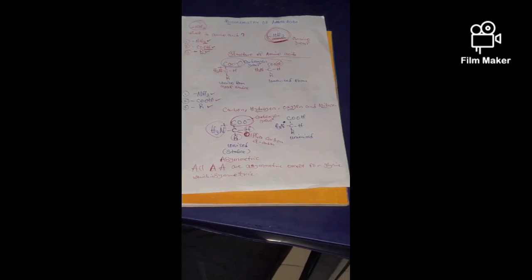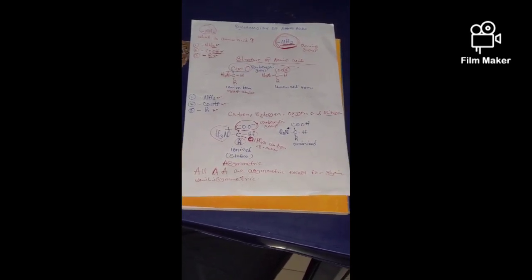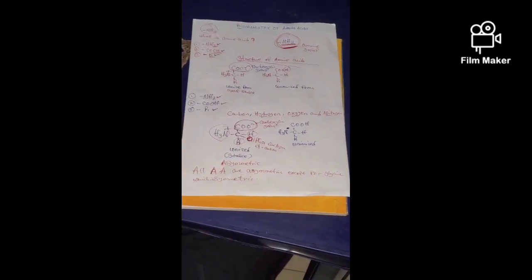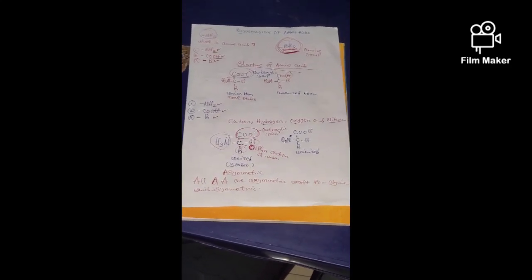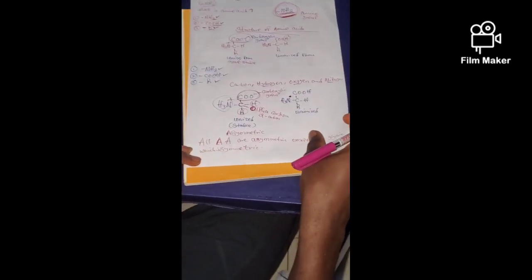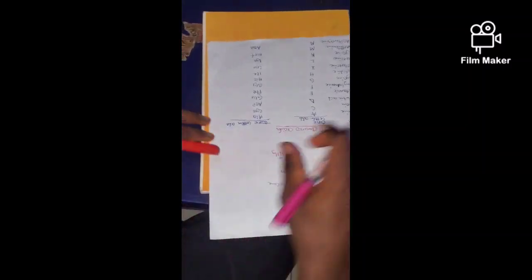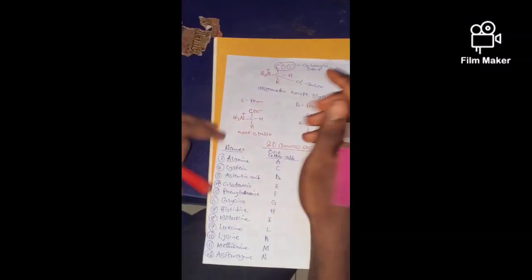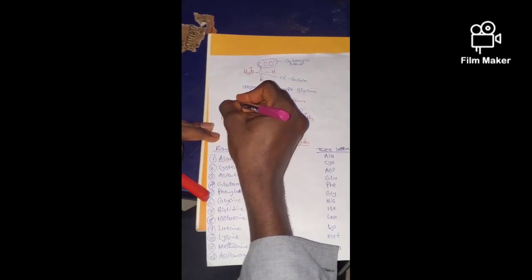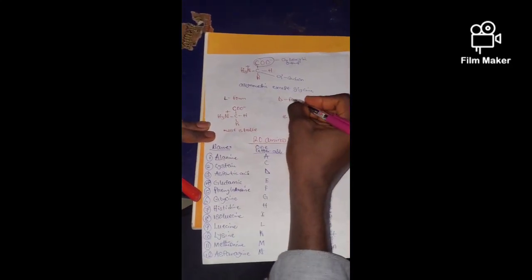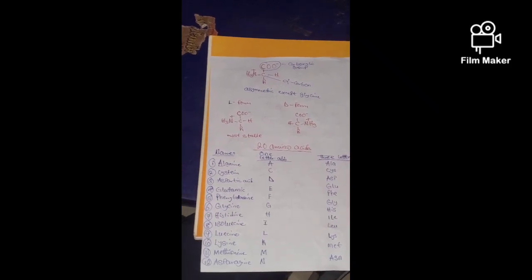Because of this asymmetry property of amino acids, they can exist in two optical forms. Are you following, please? Because of these very properties, they can exist in two optical forms. That is, we have the L form, and we also have the D form of amino acids.